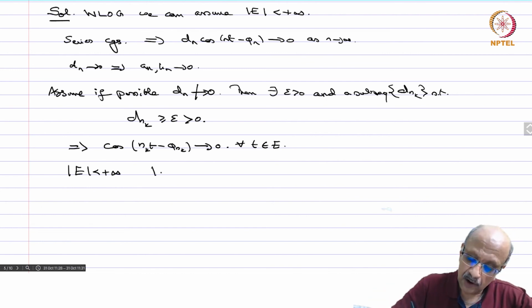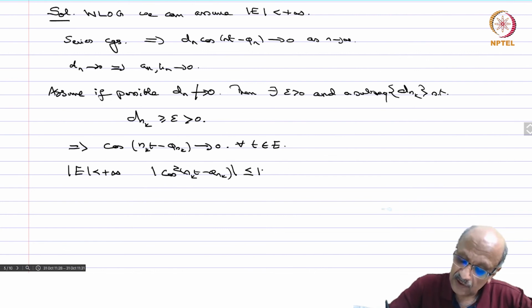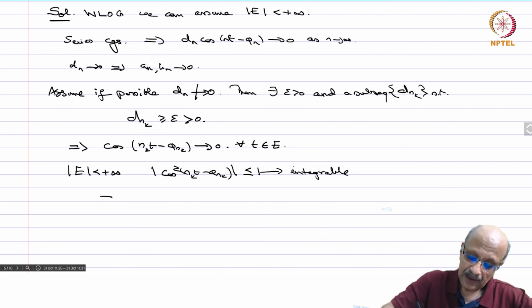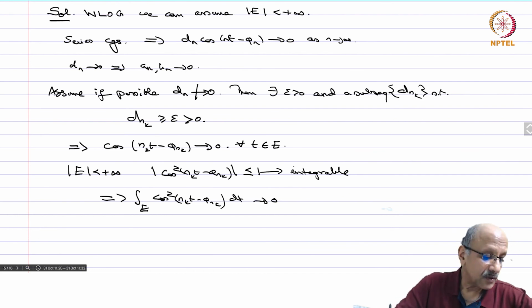And you have mod cos square(nkt minus phi nk) less than or equal to 1, and this is integrable, and cos(nkt minus phi nk) goes to 0, and therefore this implies that the integral over E of cos square(nkt minus phi nk) dt tends to 0.